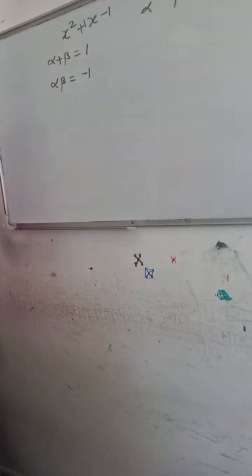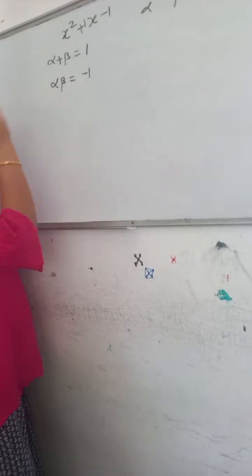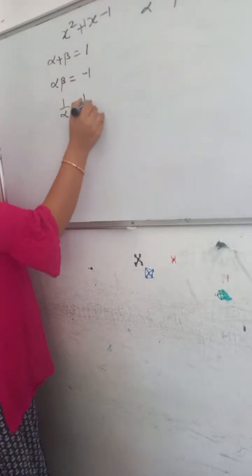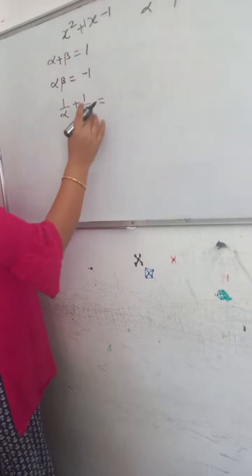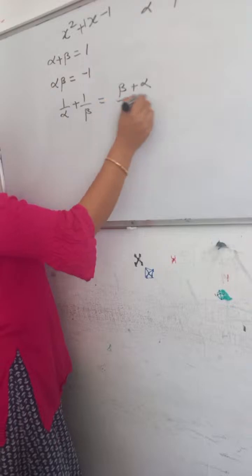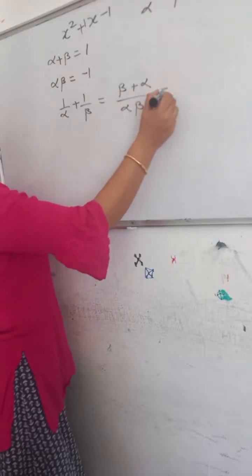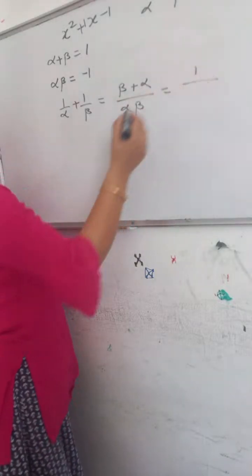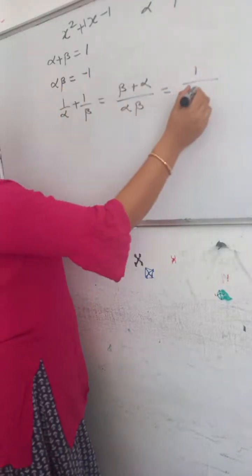Getting this? Yeah. So here they are asking the values for 1 upon alpha plus 1 upon beta. Then here I will simplify. I will take cross multiplication: 1 into alpha plus beta upon alpha into beta. Alpha plus beta is how much? 1 divided by alpha into beta is minus 1.